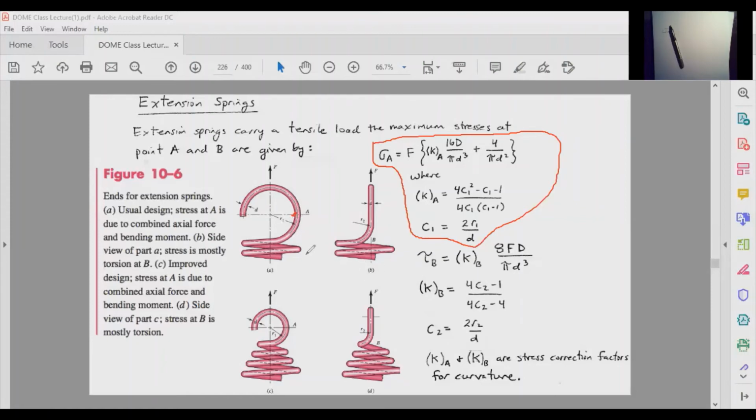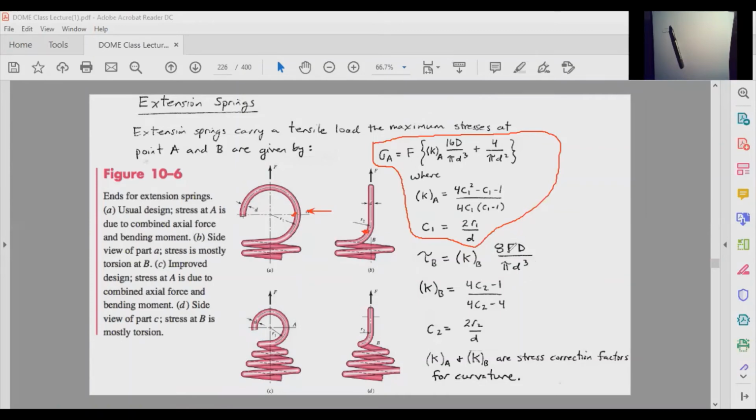The other stress that you are going to have is, if I'm looking at this from this side, I'm going to actually have another radius here. You're going to be able to see this if you look at it from this side, you will see that you have this R2. Somewhere along here, we are going to have a shear stress at this element right here, B, which is the second element.